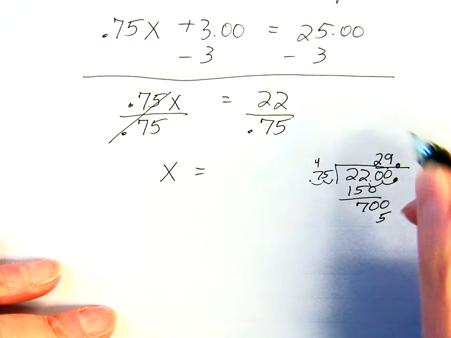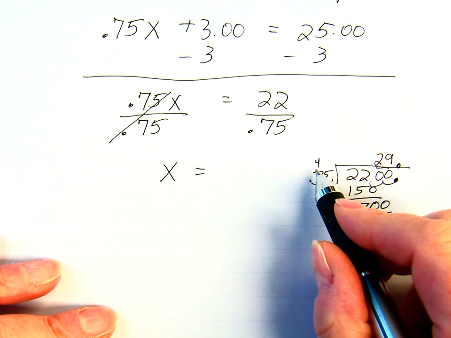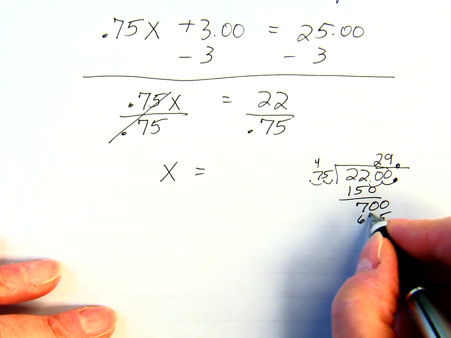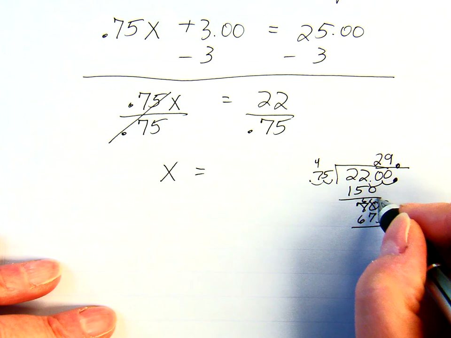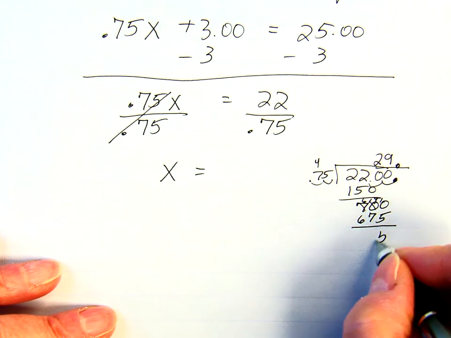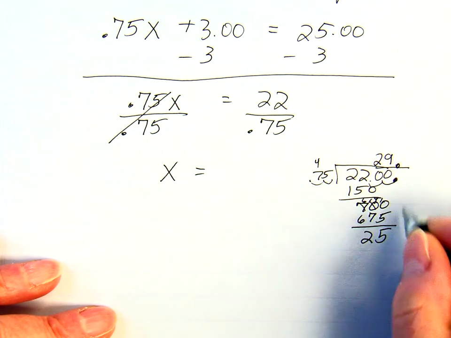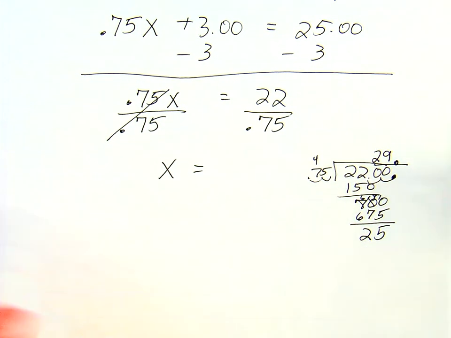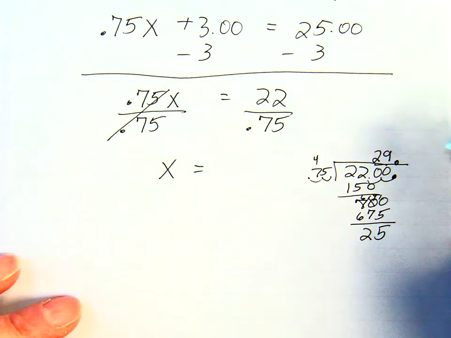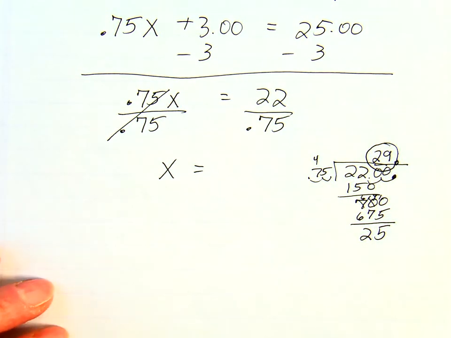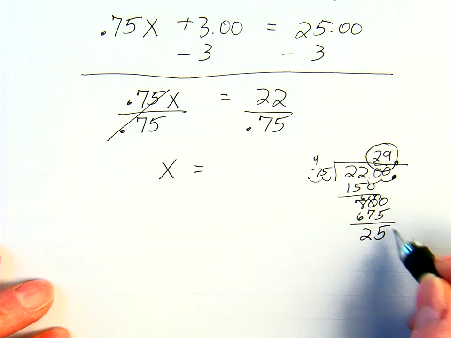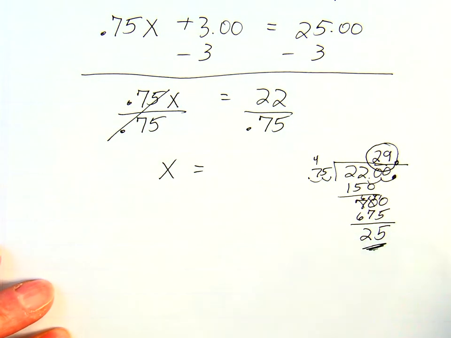Carry my 4. 9 times 7, 63. Plus the 4, 67. Doing my math to make sure that I have everything correct. And I have a remainder of 25. Well, what that tells me is I can get 29 tulips. I only have a partial tulip here.